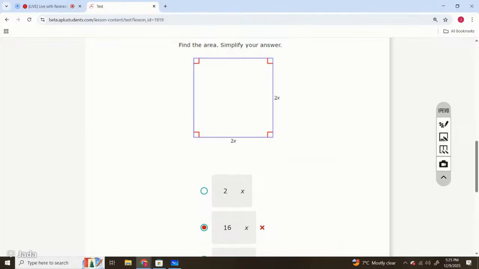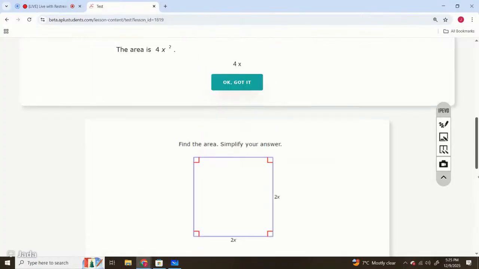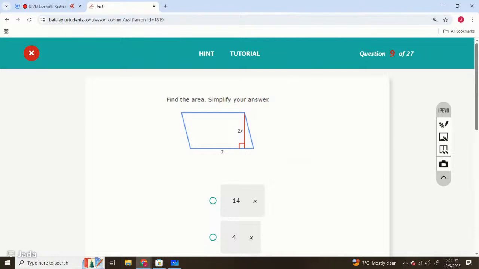The question is different, the answer is different. That would be 4x square. I can find the area. So which is the correct option?